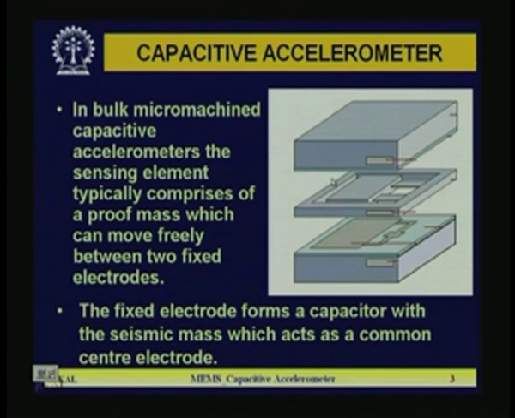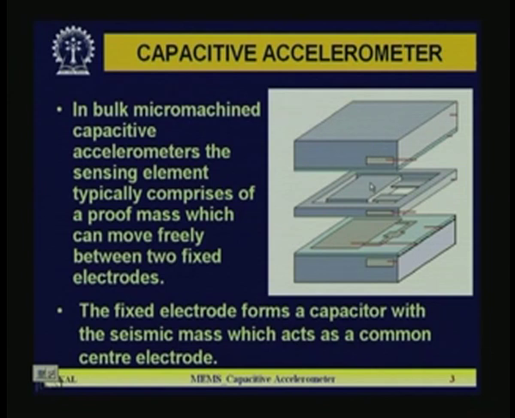So, the top fixed electrode and bottom fixed electrode will form capacitances with the middle sensing element. The middle sensing element is a movable seismic mass, which moves because of the movement of the object whose acceleration we want to measure.